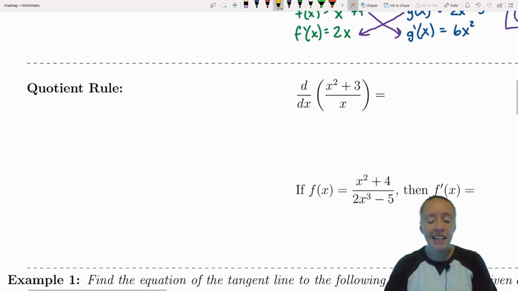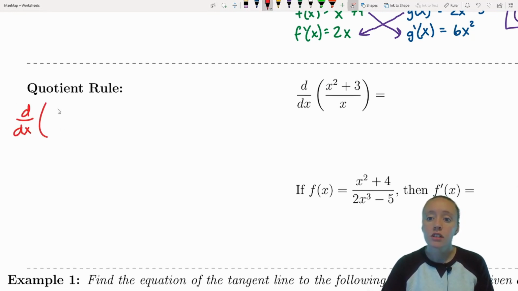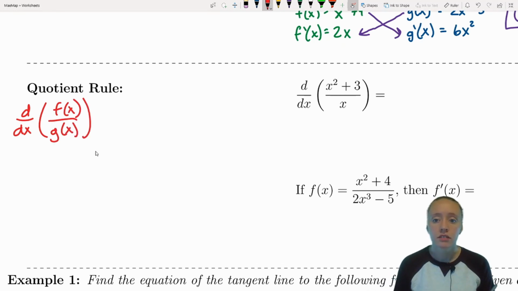The quotient rule, again, we can't use it like the sum rule. If we're taking the derivative of some function f of x over some function g of x, we can't just take f prime of x and divide it by g prime of x. That's not going to give us the correct derivative.